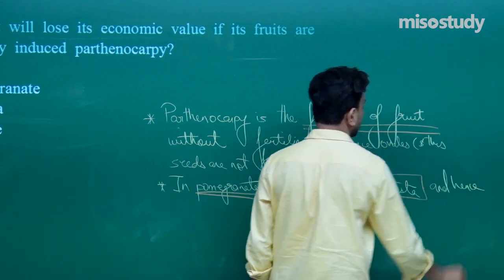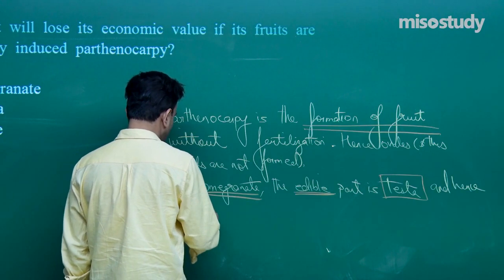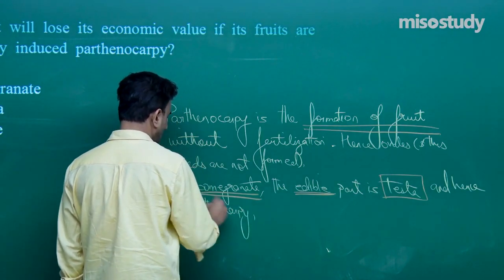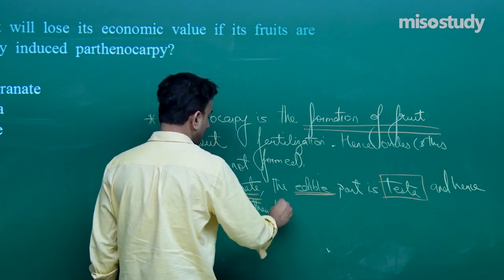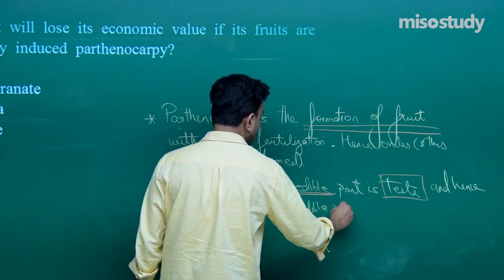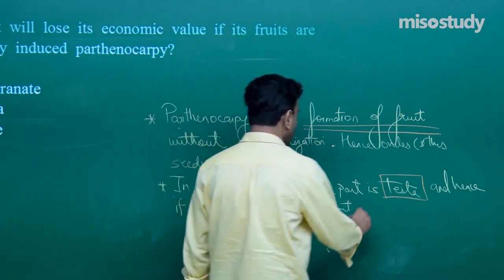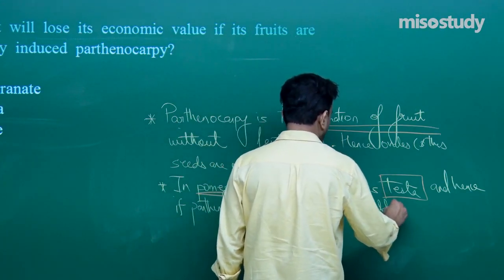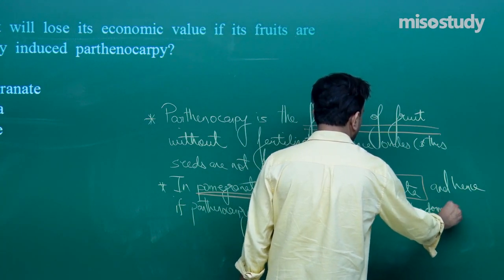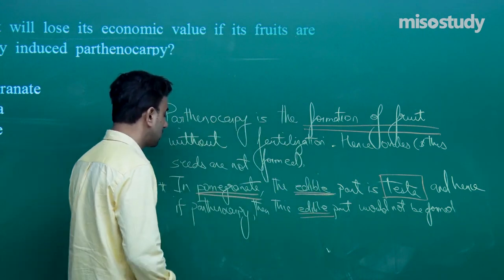and hence if parthenocarpy occurs, then this edible part of the pomegranate would not be formed, right.